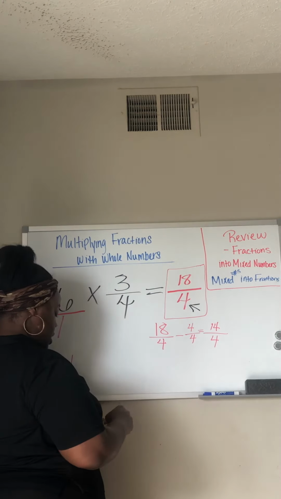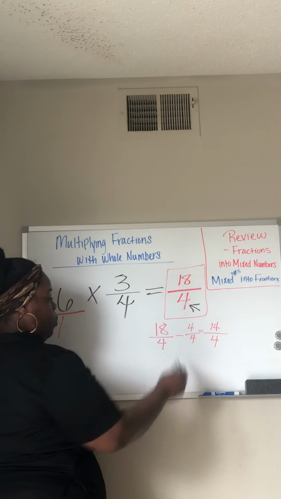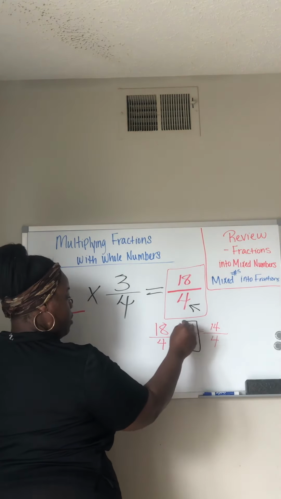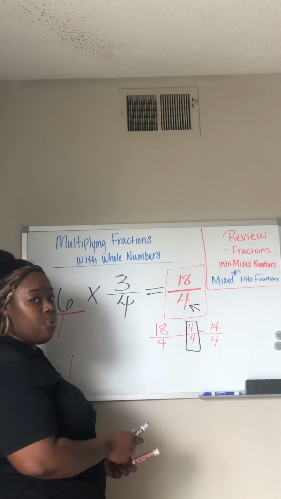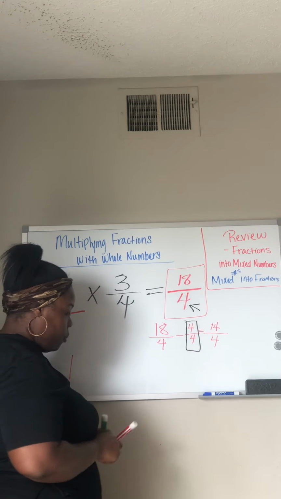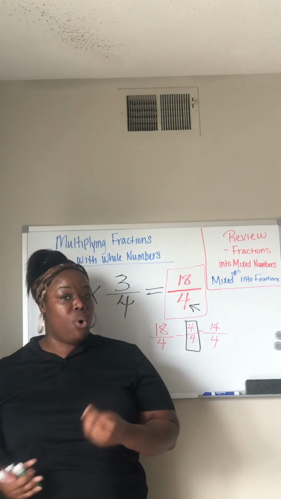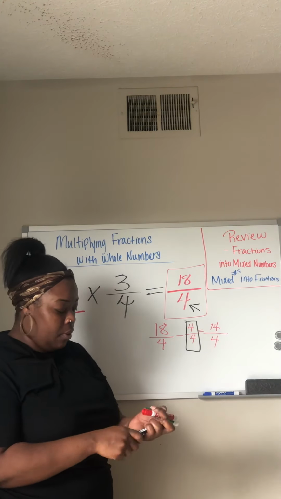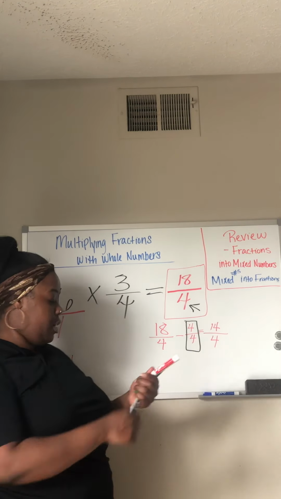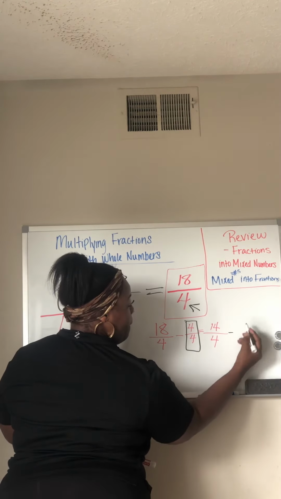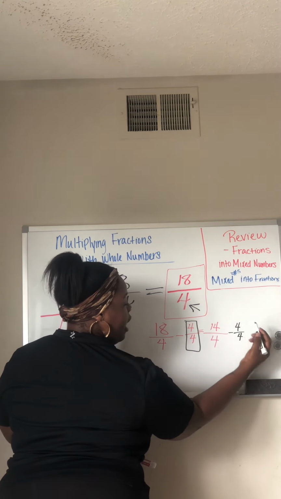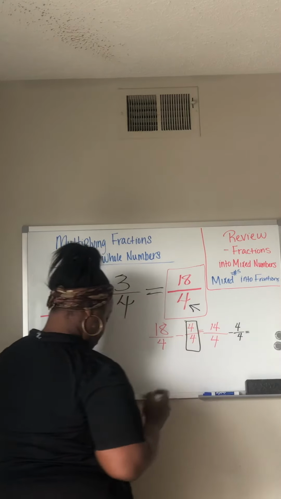Since we took that 4 over 4 out, we brought it down here. We have 14 over 4 left. Now you still can pull 4 more from the top, so we can subtract once more. We can pull another 4 over 4 out of this problem.